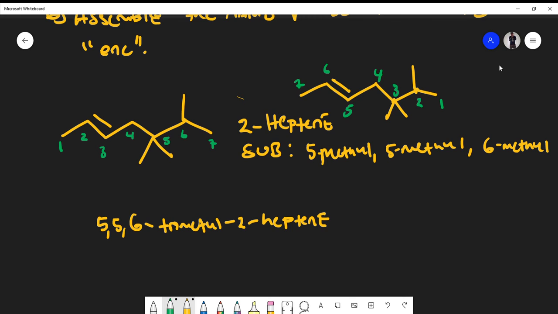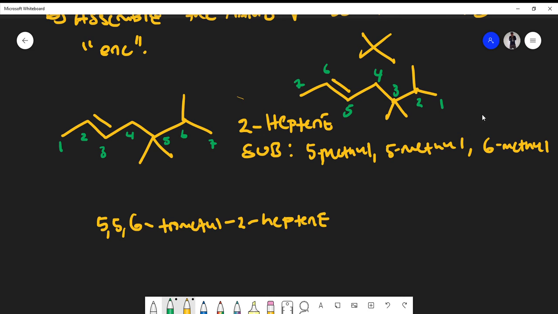In this scenario, the alkene would be 5-heptene instead of 2-heptene. That's what we mean by numbering nearest to the end of the carbon-carbon double bond. The lower the number you can give the carbon-carbon double bond, that would be the name. So this labeling is incorrect.